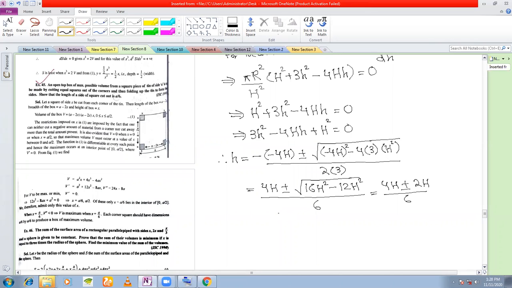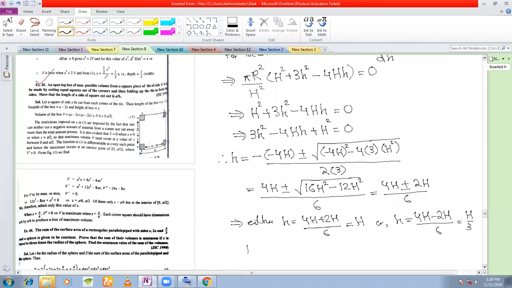Right? So what are you getting? That is either h is equal to 4H plus 2H by 6, H, which is equal to capital H, or h is equal to 4H minus 2H by 6, which is 2H by 6, which is H by 3.